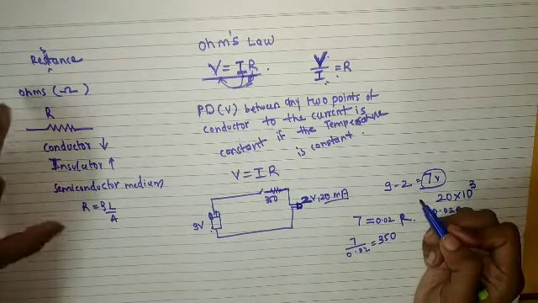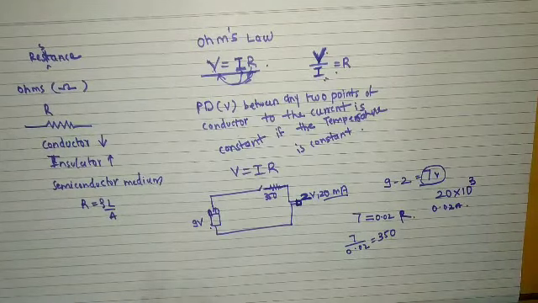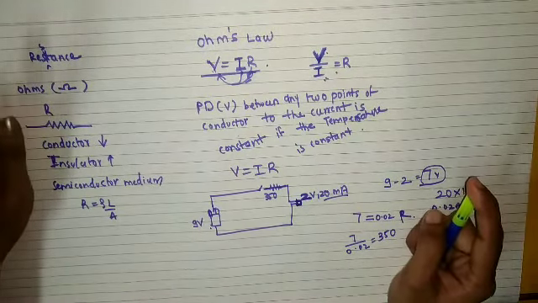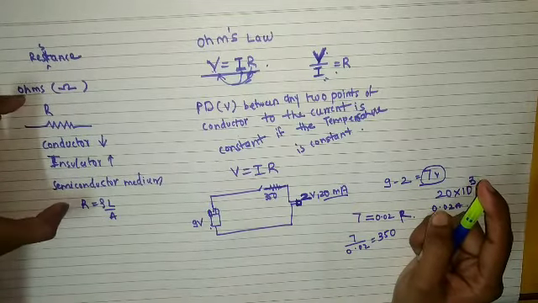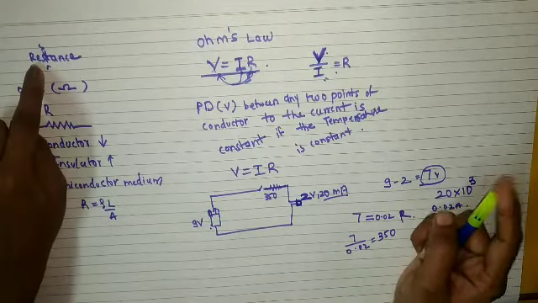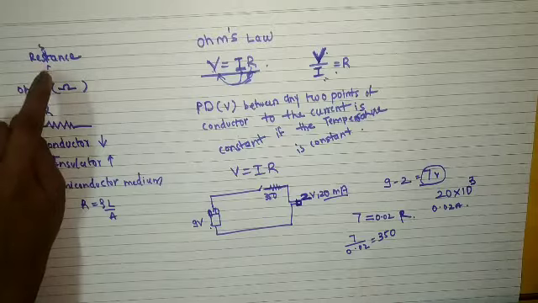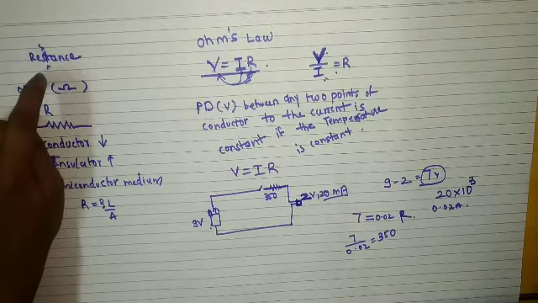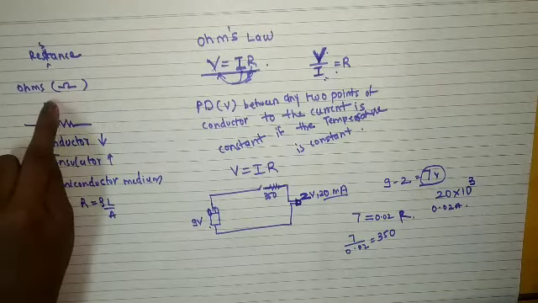So if in the exam they ask you to define resistance and explain, then these are the terms you have to explain. Resistance of a material is defined as opposition to flow of current. It is measured in ohm.